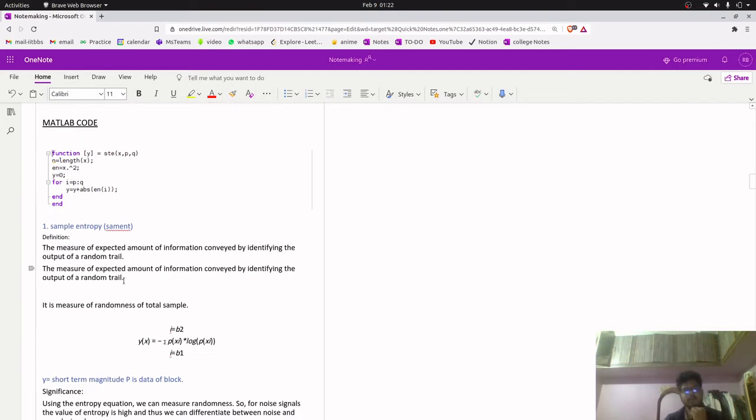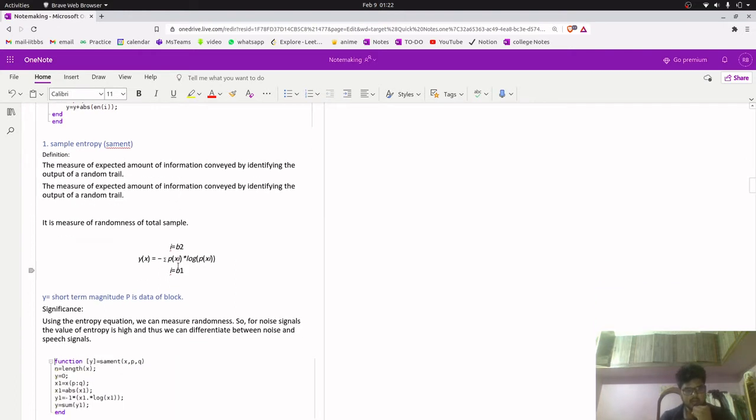Now the sample entropy. It is the measure of the expected amount of information conveyed by identifying the output of a random trial. That is the definition, and the significance is that using the entropy equation we can measure the randomness.